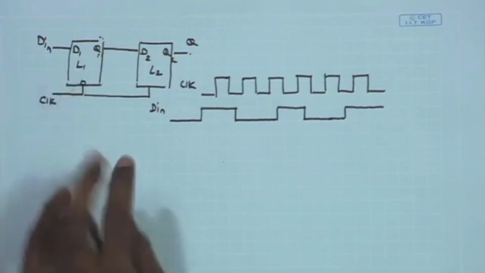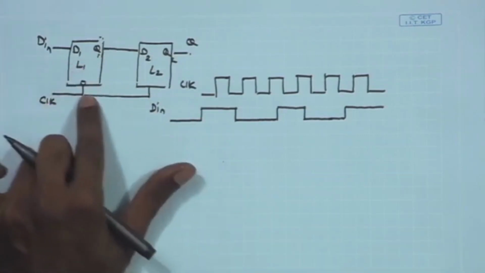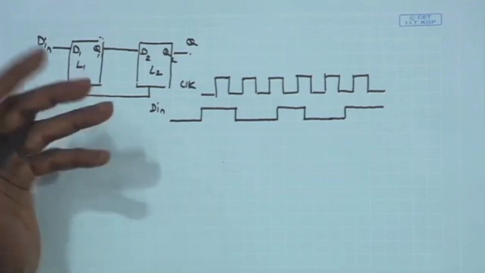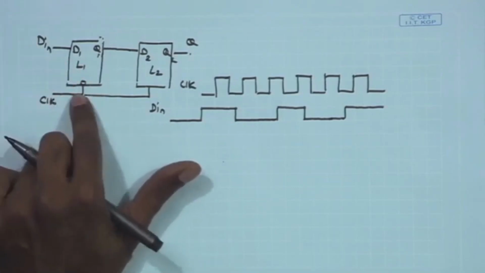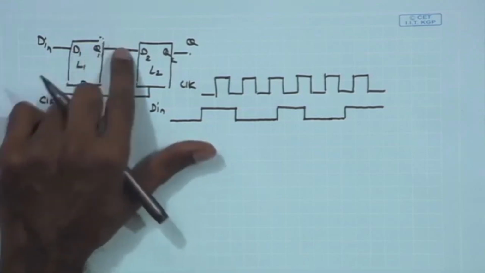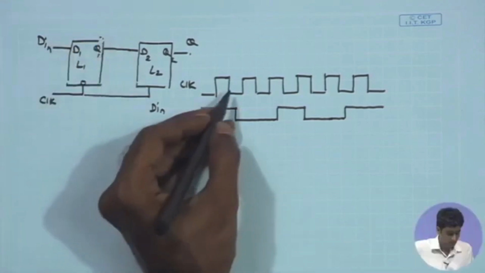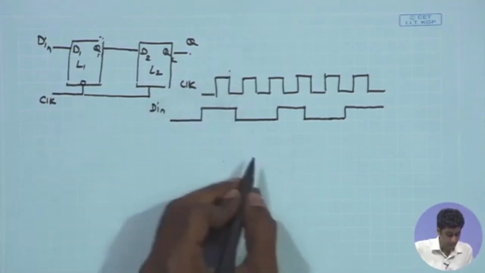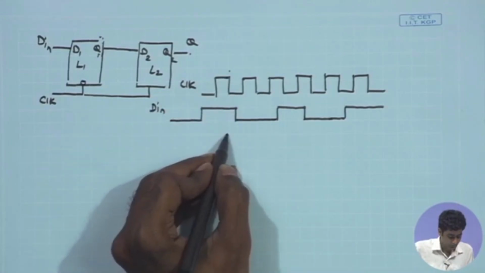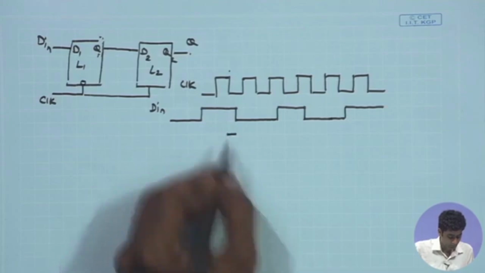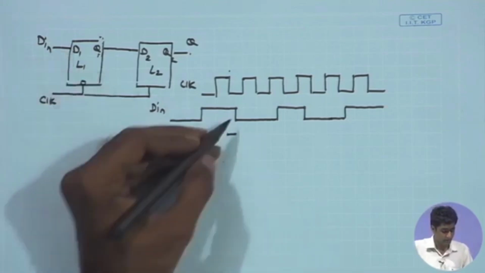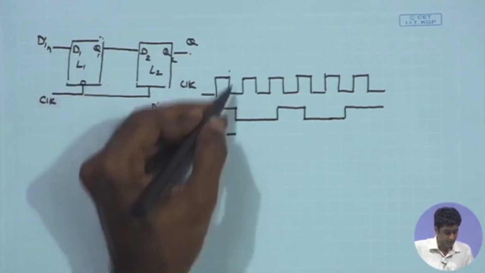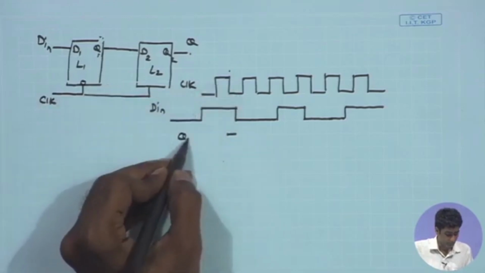Q1 is negative level sensitive, or an active low latch. So, when the clock level is 0, then the Q1 will be copying D in. If I start from this phase, the clock is low here, therefore, during this duration the Q1 will be copying the data D in, which is high. So, I am writing the waveform of Q1.